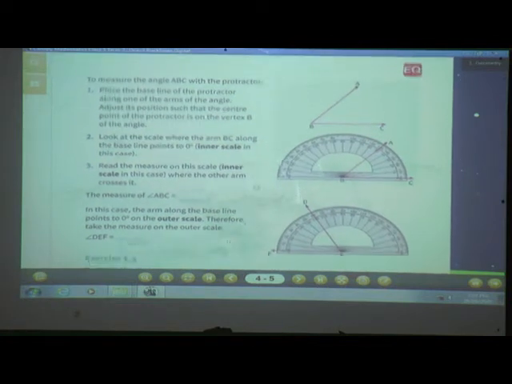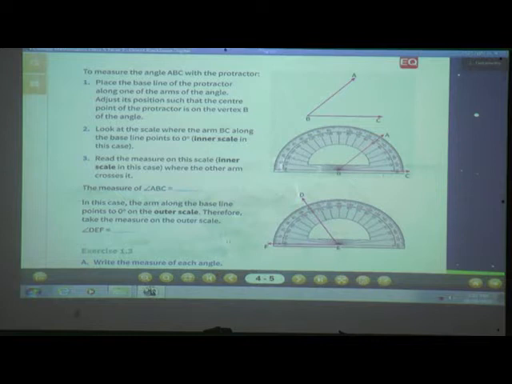Look at the scale where the arm BC along the baseline points to 0 degree. See, we have to measure on the inner scale here. Students, don't get confused while measuring the angle because here are two scales, one is an inner scale and the second one is an outer scale.